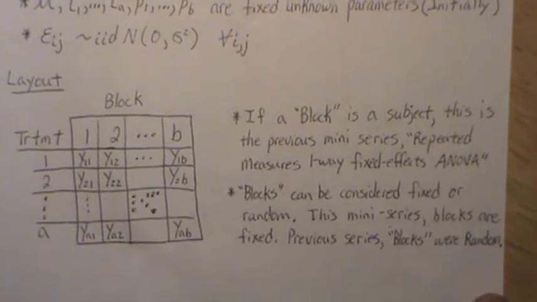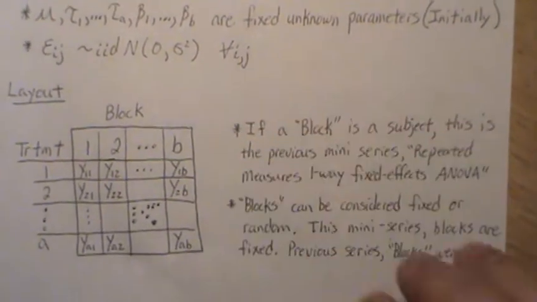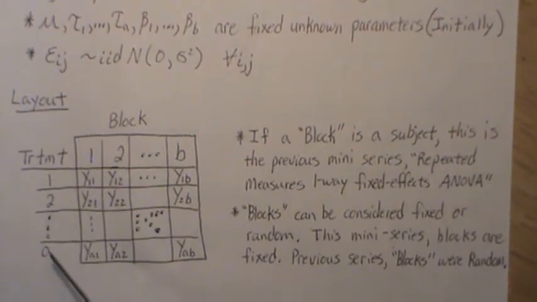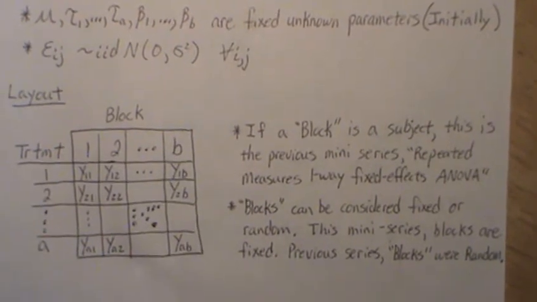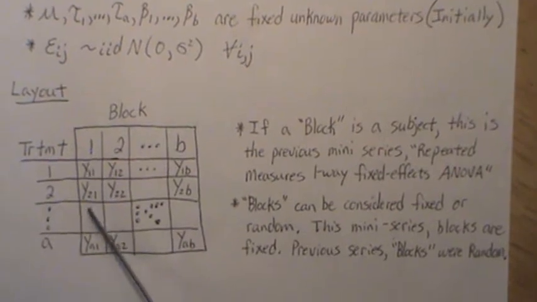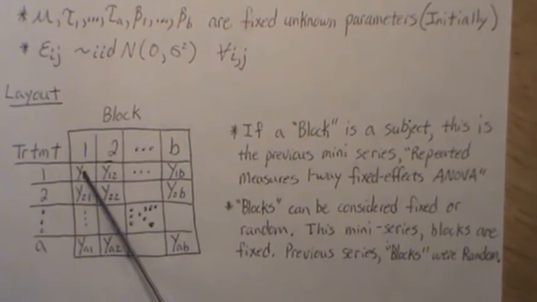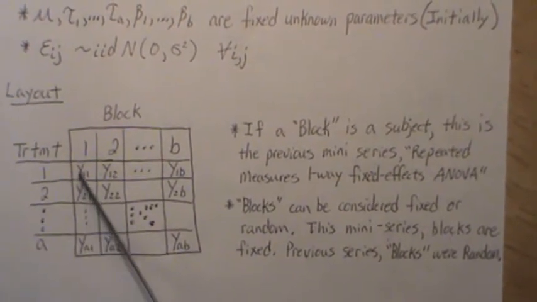Now the general layout for this: we have treatments 1 through A down the side and blocks 1 through B across the top. Now these subjects, or units, whatever you want to call them, you randomize them within a block.